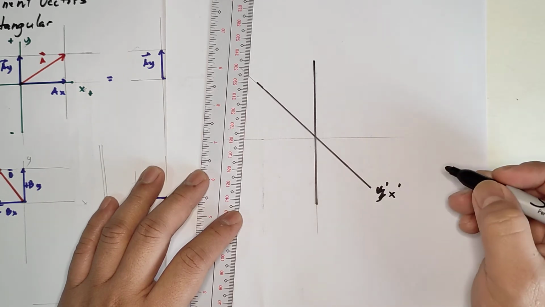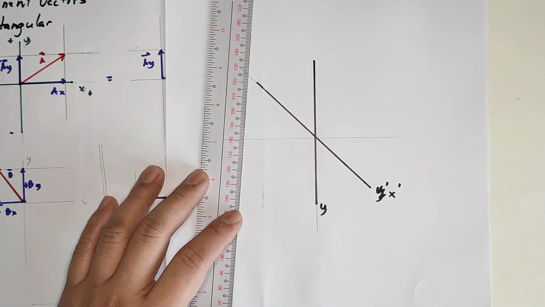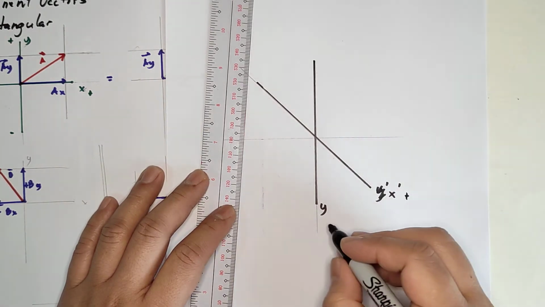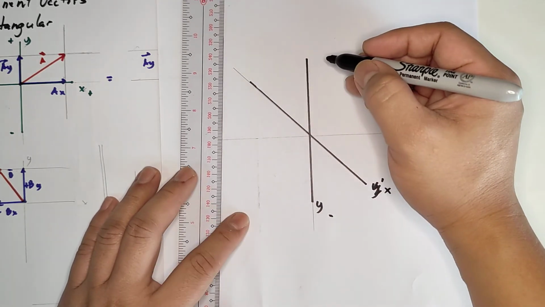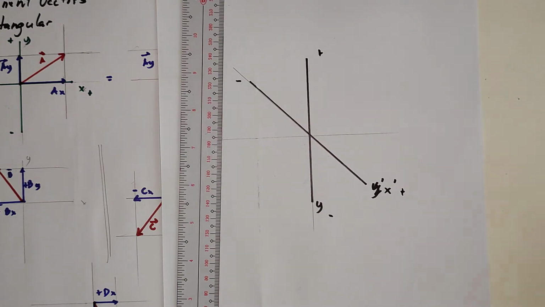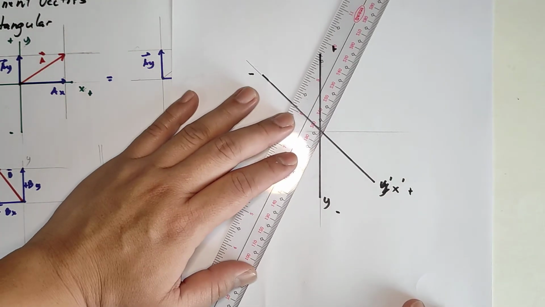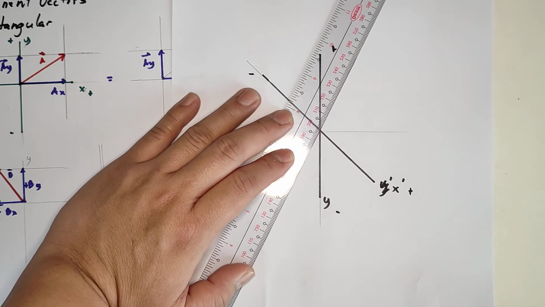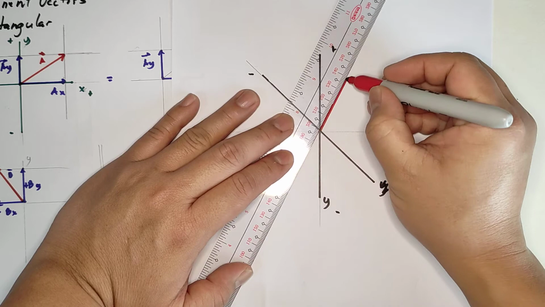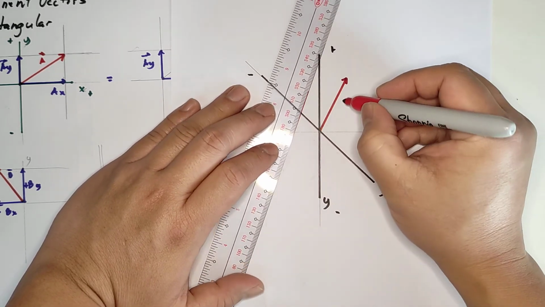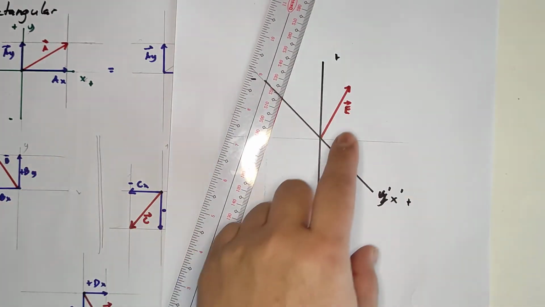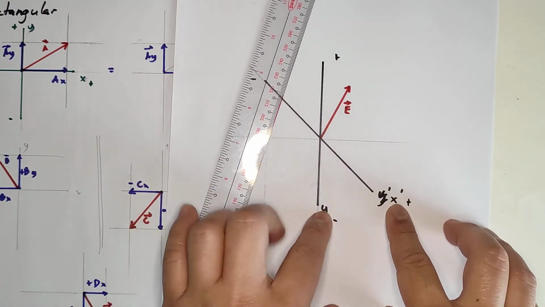Let's call this x prime, and this is y. Then you can note that this is positive and this is negative. So negative, positive y. Then my vector is this. Okay, vector E.